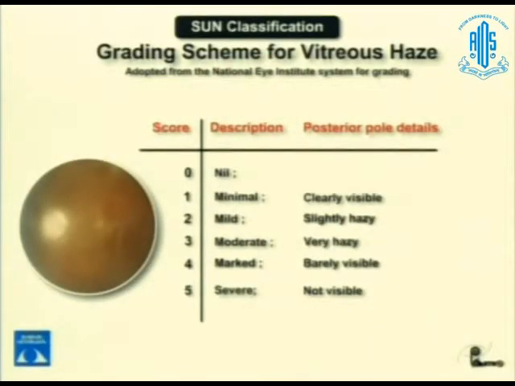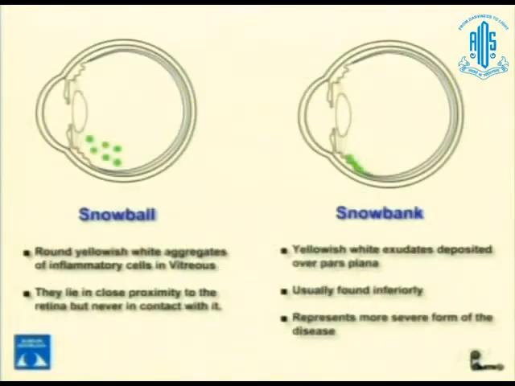So if you have seen vitreous haze, then you have to classify this. Unfortunately, the SUN classification doesn't have a separate grading for the vitreous haze. So what they have done is adopt the National Eye Institute system for vitreous haze grading in their classification, which classifies from 0 to 5 based on the posterior pole details.